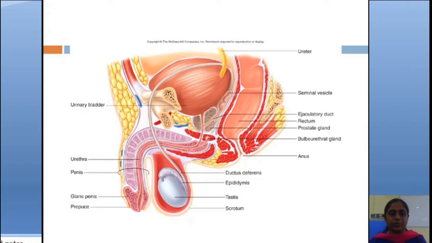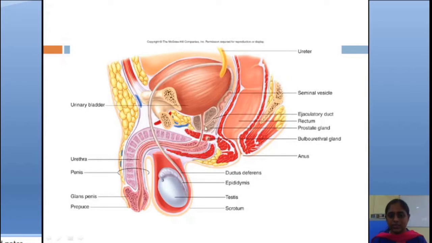This diagram represents a pair of testes, the epididymis, and the vas deferens, also called the ductus deferens, which leads to the seminal vesicle. These seminal vesicles join the ejaculatory ducts.